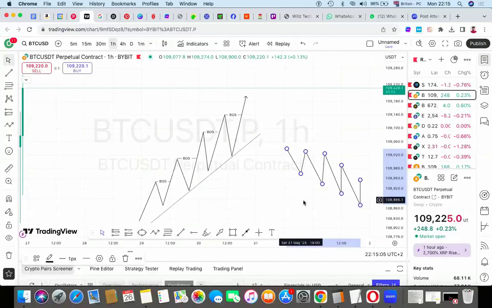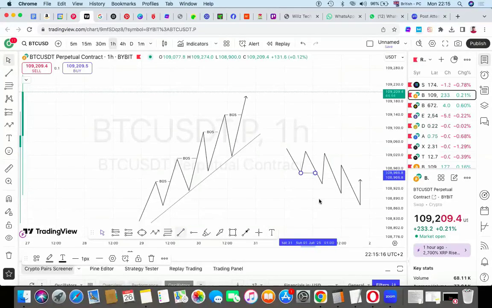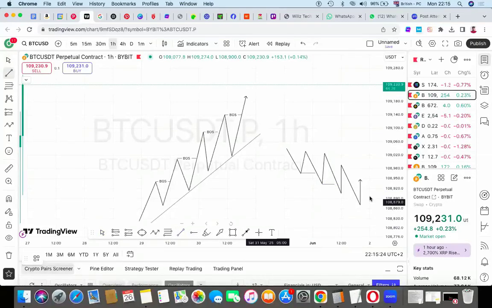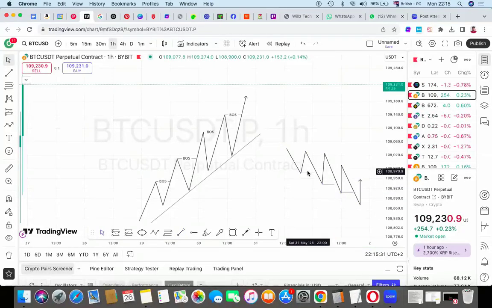So then you want to draw your structure, which is like this. And you have your BOS.